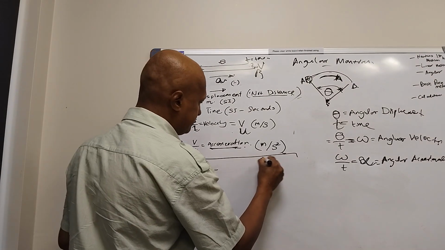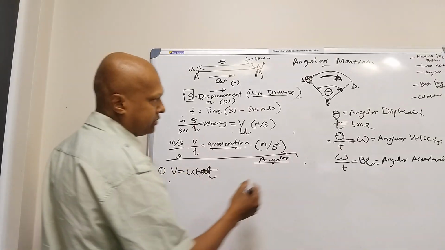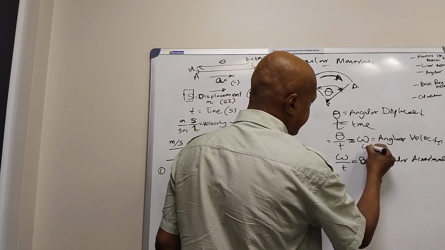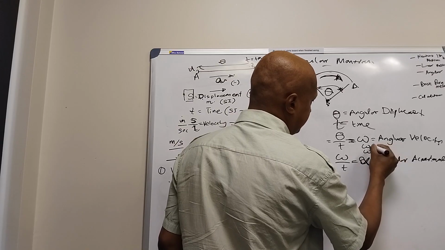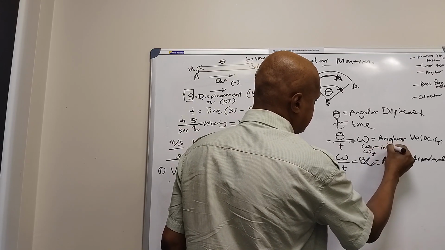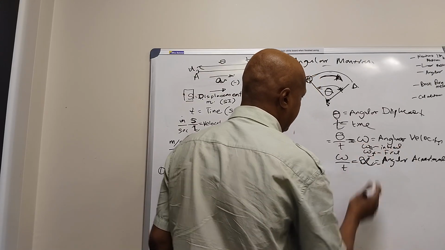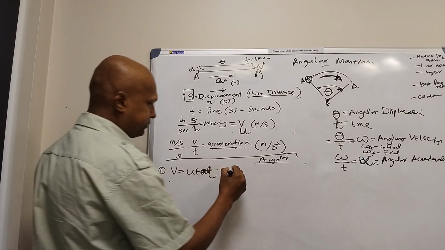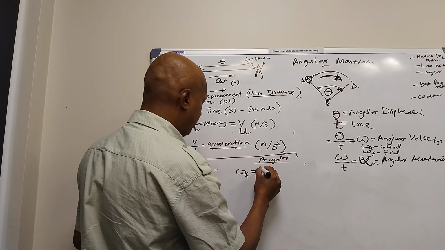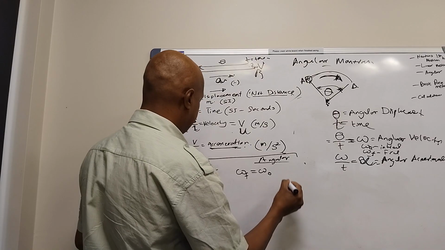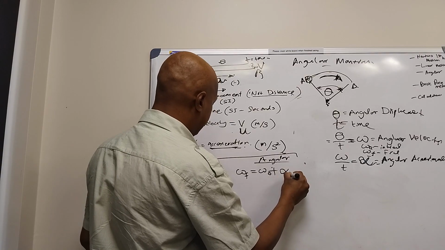For angular motion, instead of V and U, the initial and final velocity, we use omega f and omega naught. So omega f equals omega naught plus alpha t.